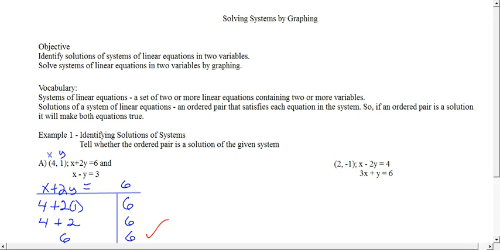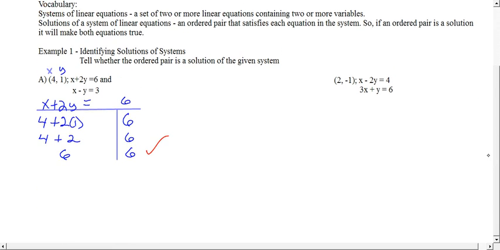Okay, so let's take a look at the second part and see if it works for part 2. I'll change my color back to my standard blue and make my T-chart for the second one.